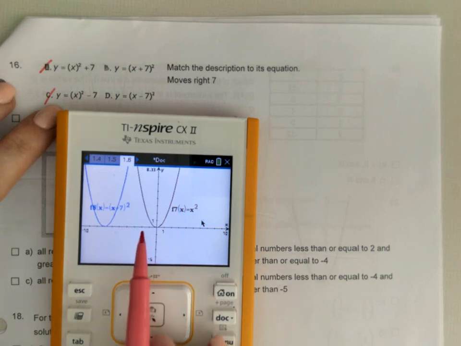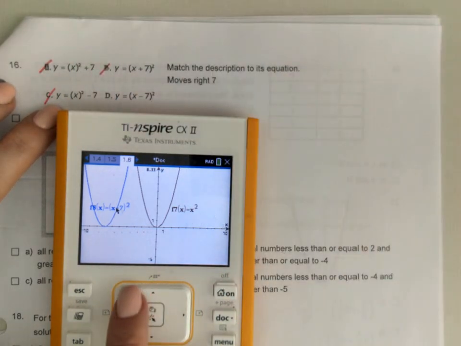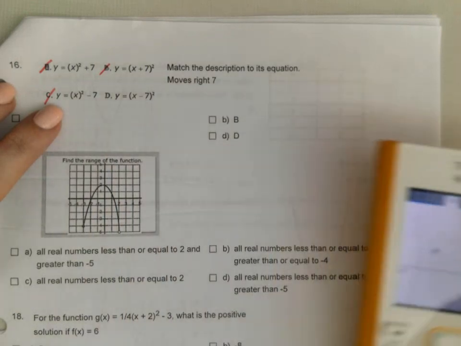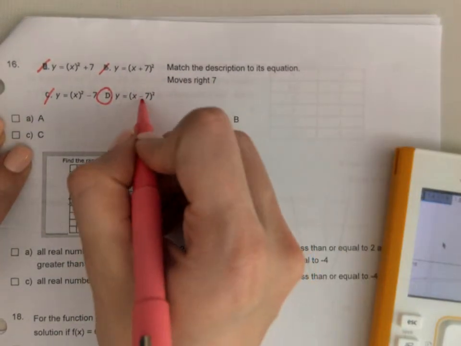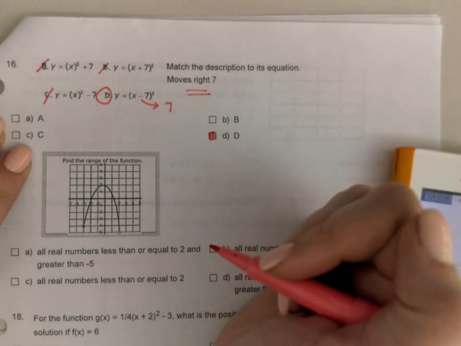That went 1, 2, 3, 4, 5, 6, 7 to the left. So the last one, if I try it, -7. Yes, that makes it go to the right. And remember, your x is a liar. This is actually a +7, which is what makes it go right 7.